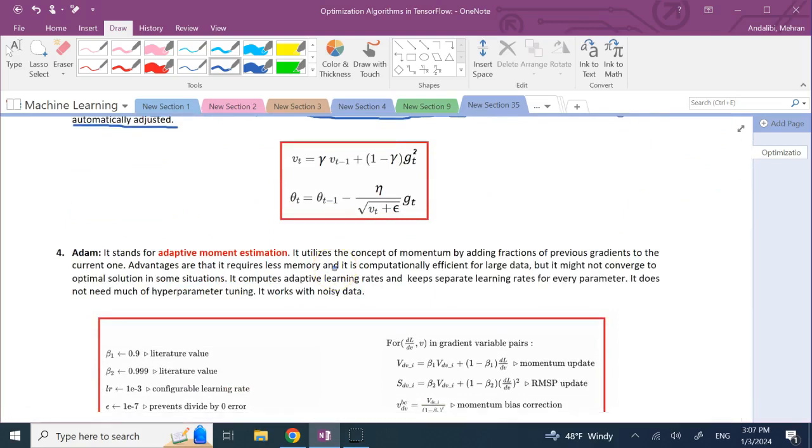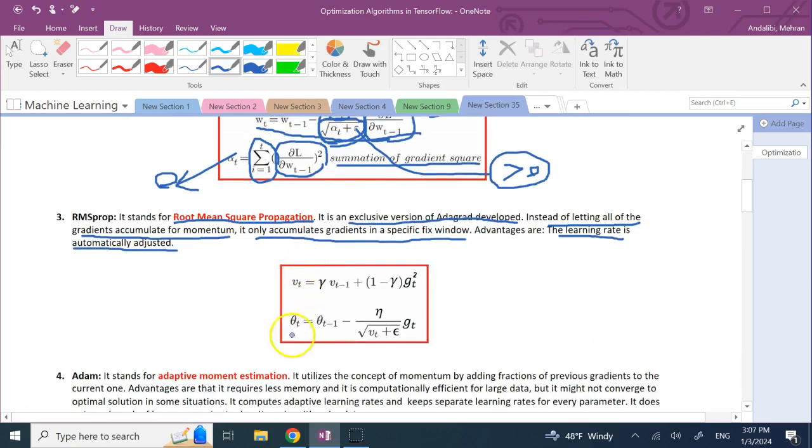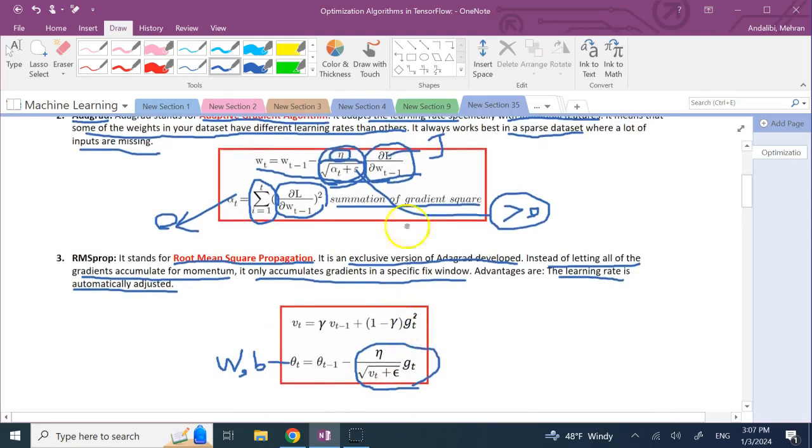What matters is you know which one of these is the parameters, the weights and biases, which ones are the momentum or anything else. So here this theta is like the W or B. And you see the way it is updated is very similar to the previous one. If you look at that, you see that the gradient is divided by that square root multiplied by eta, very similar to that.